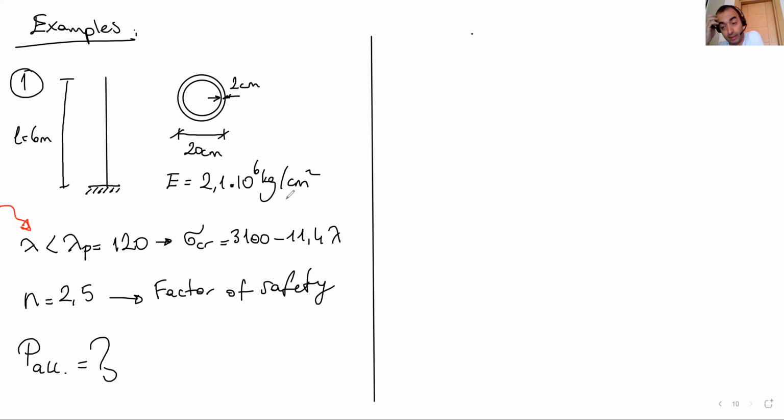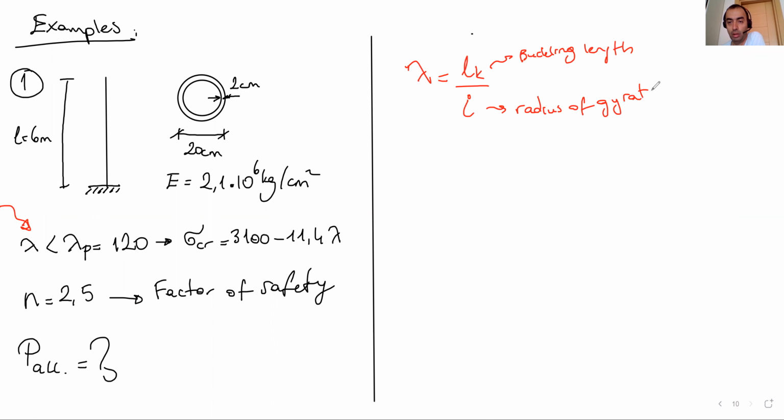To find the slenderness, remember lambda equals LK over i. LK is the buckling length, and i is the radius of gyration. This completely depends on the section. By the way, this should be i minimum.